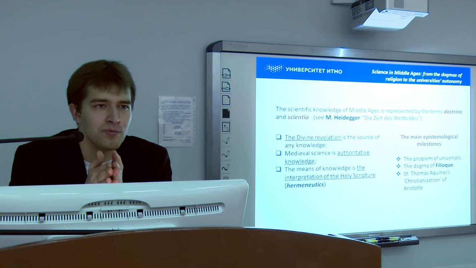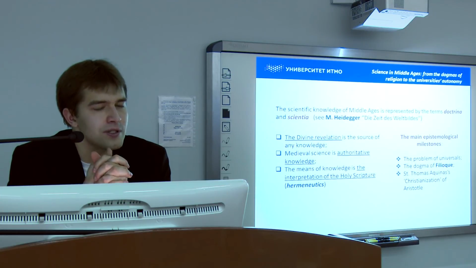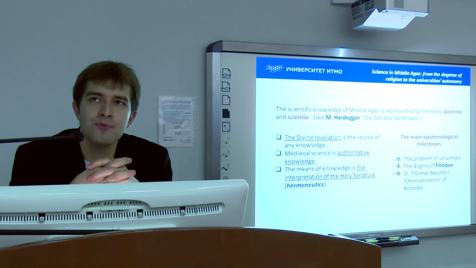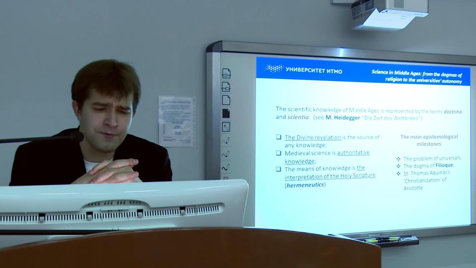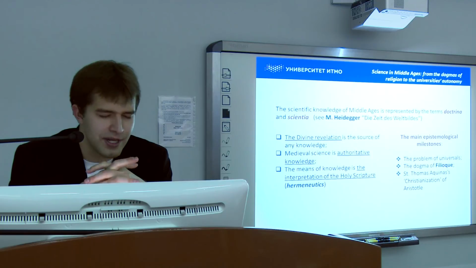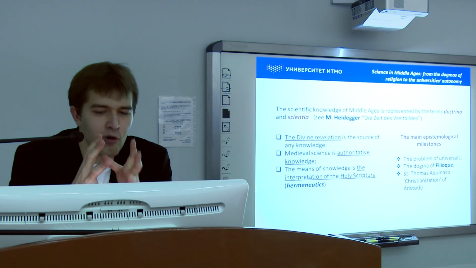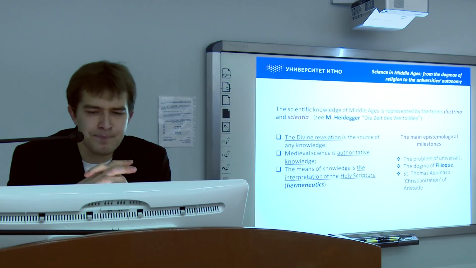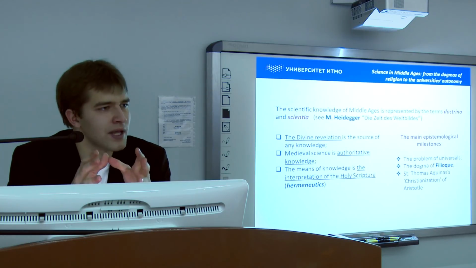This was the problem put by Porphyry, a famous commentator of Aristotle, and then Porphyry was commented on by the famous Boethius, who was one of the most influential Roman philosophers of the 5th century AD. And they really had the problem like this.